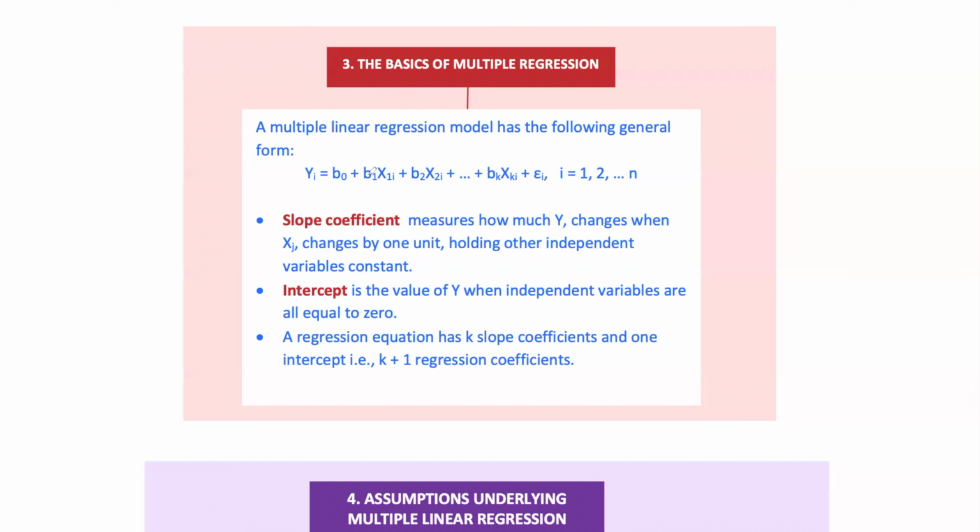For example, if B1 represents advertising spend, a coefficient of 0.5 means that for every extra dollar you spend on ads, your revenue is expected to increase by 50 cents. Then we have B0, the intercept. This is essentially your baseline revenue when all other variables are at 0. And finally, there's the error term E, which accounts for all those unpredictable factors we can't perfectly model, like a sudden power outage or an influencer unexpectedly visiting your cafe and boosting sales.